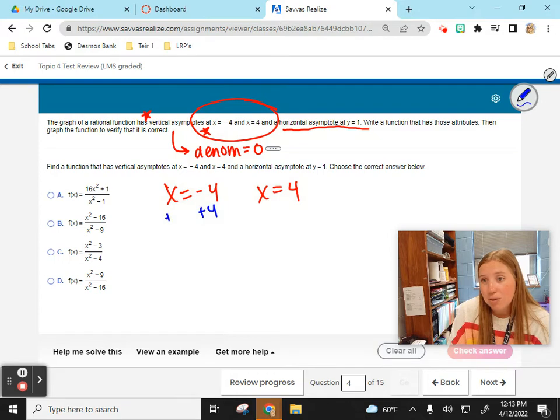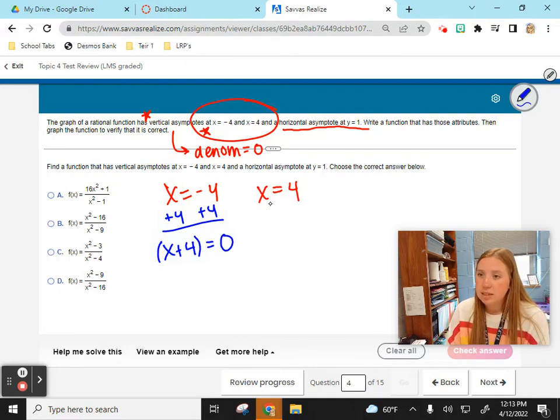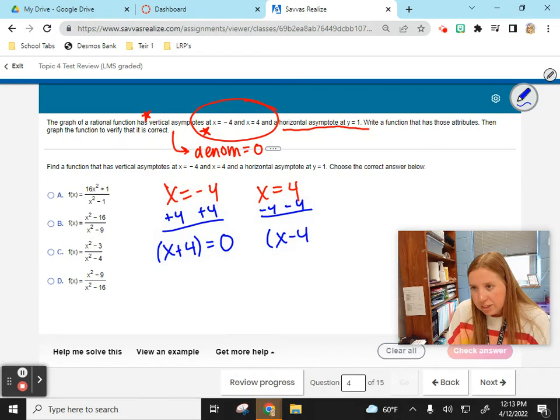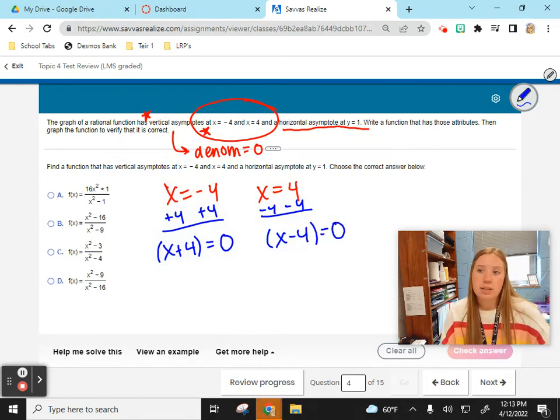I could add 4 over here and I would get the factor x plus 4 equals 0. And I could subtract 4 here and I would get the factor x minus 4 equals 0. So these are the two factors in my denominator when it would equal 0.